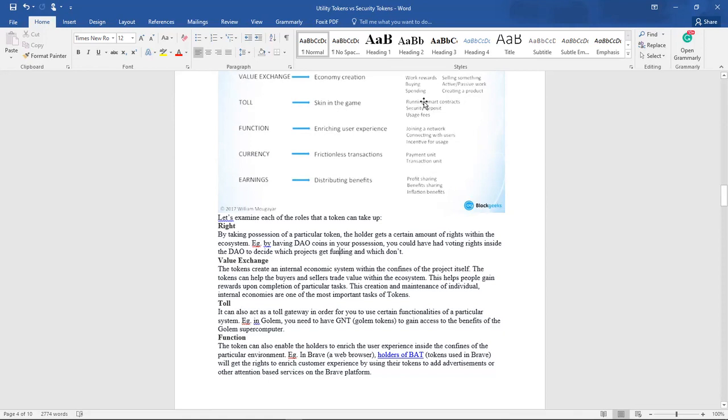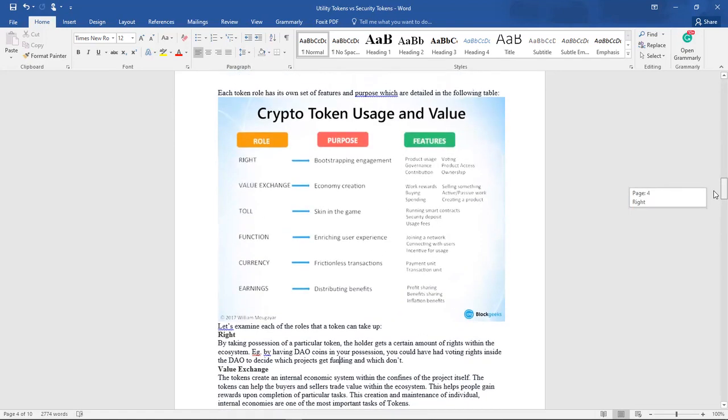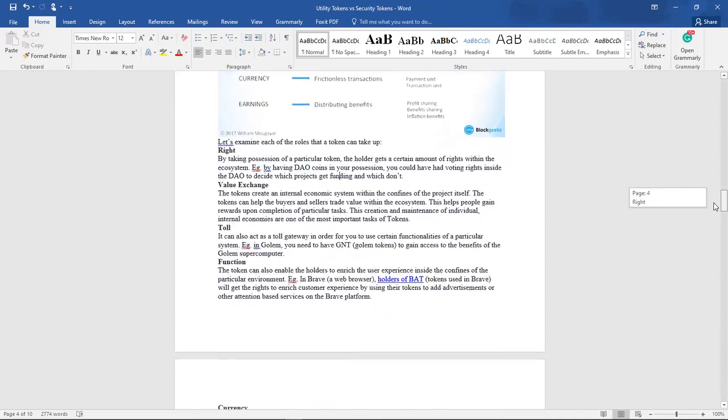For Ethereum, it provides running smart contracts. For something like Dai coin, it's a security deposit. For usage, you need to pay fees. So that is the role, purpose and the features it provides.